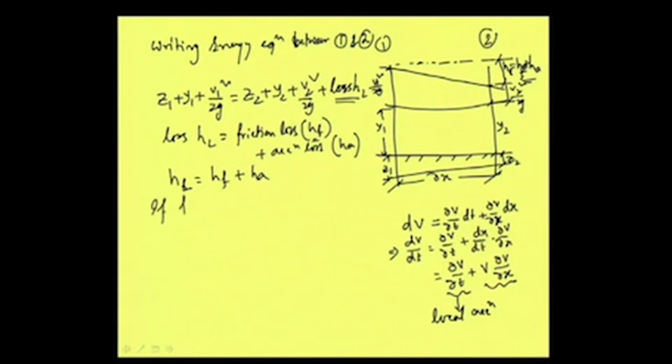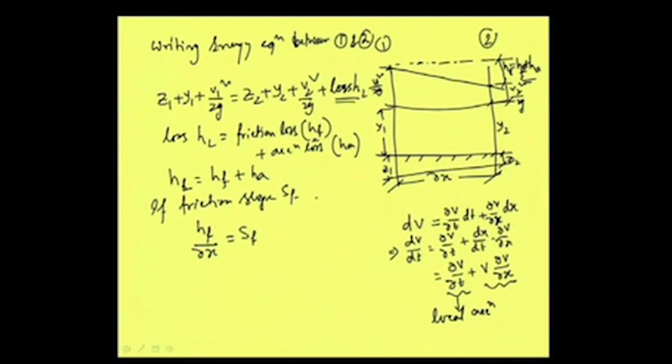If friction slope is SF, then HF, that is friction loss, divided by delta x is equal to SF, or we can say SF, the slope, into this distance delta x will give us the HF.